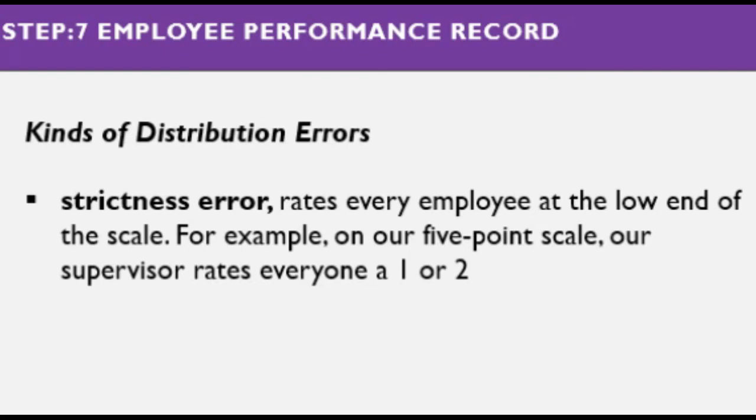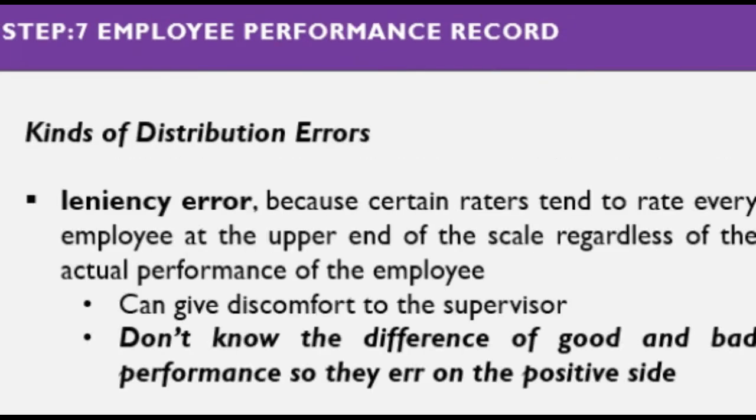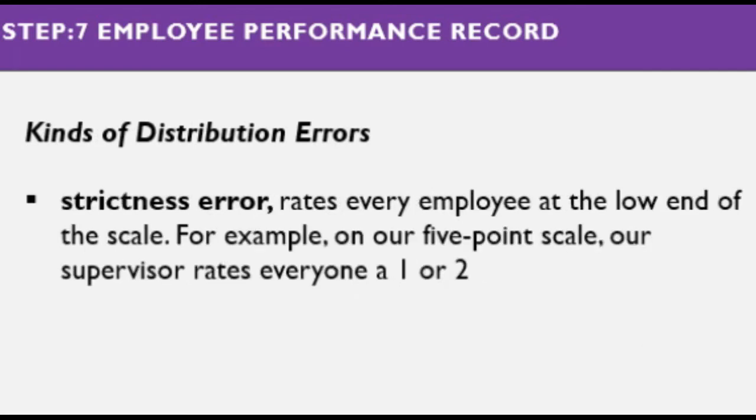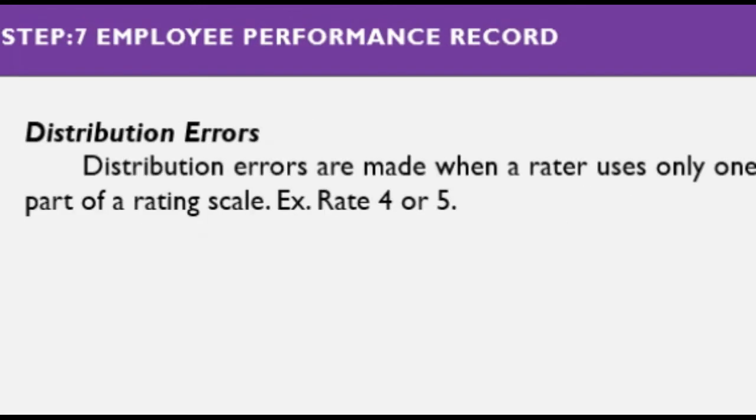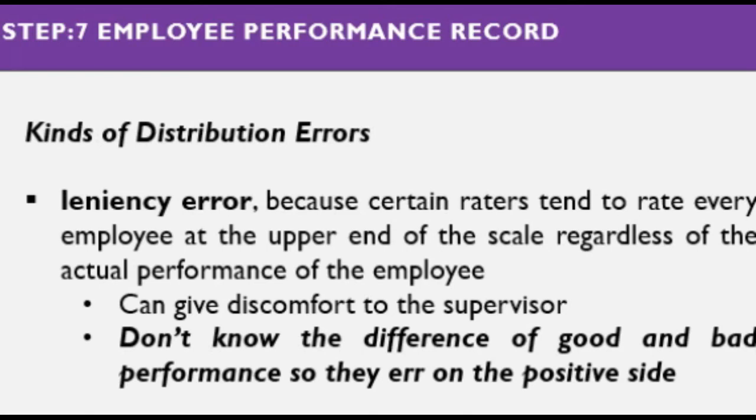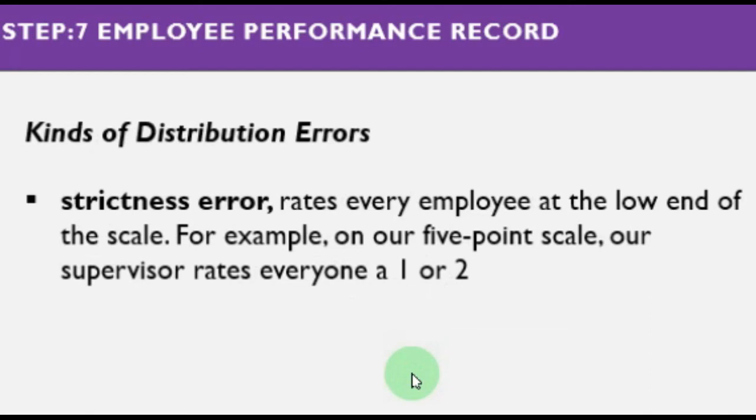So, same din to, kung si leniency error ay masyadong lenient sa pag-grade kay employee, ito naman si strictness error is kabaligtaran. Ibig sabihin masyado siyang istrikto, kaya siya bibigyan ng 1 and 2.